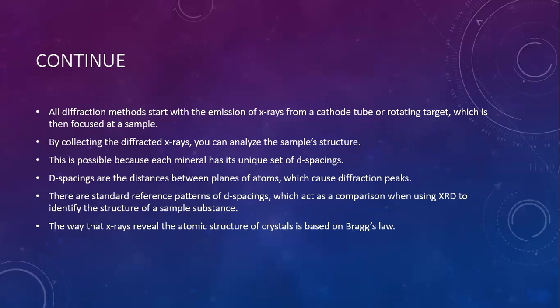There are standard reference patterns of d-spacing, which act as a comparison when using XRD to identify the structure of a sample substance. The way that actually reveals the atomic structure of crystals is based on Bragg's law.